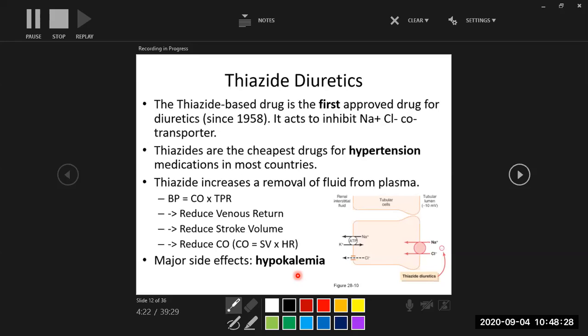So if the potassium in the cell is low, the cell will become hyperpolarized, meaning that the potassium is a positive charged ion, and because the body has low potassium, they will leak out, and that will make the membrane potential even lower. And then the cells will be more difficult to excite.